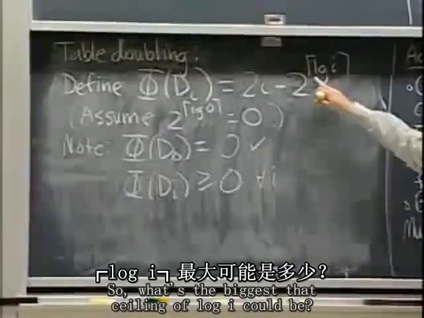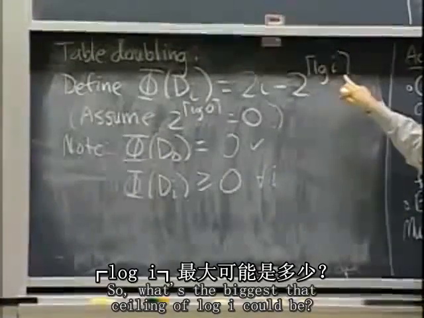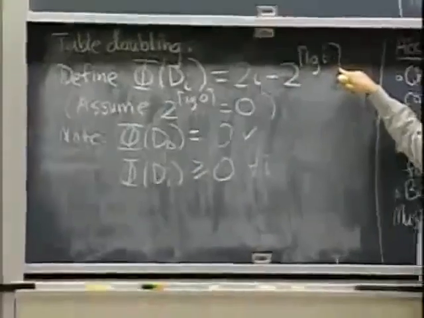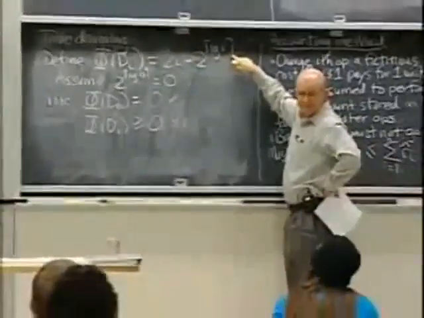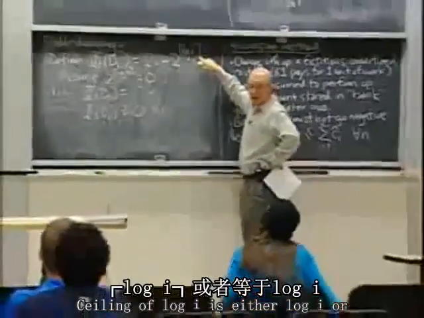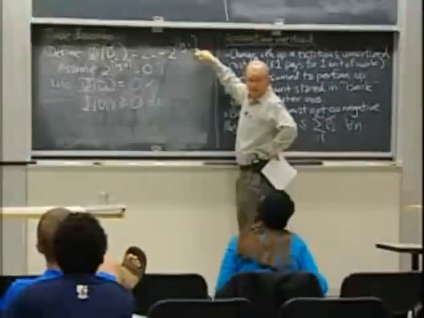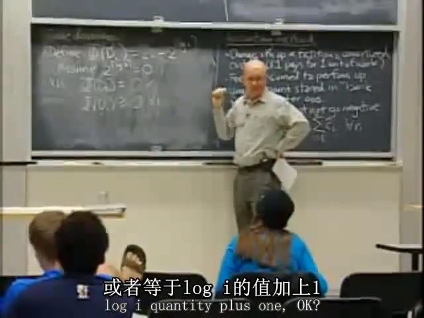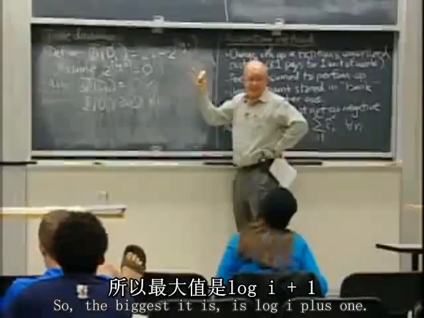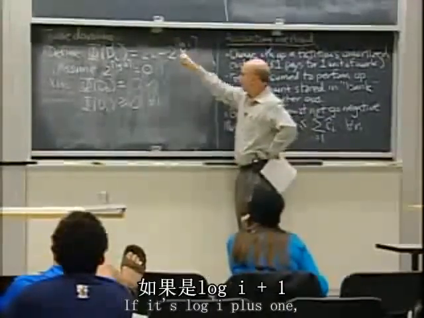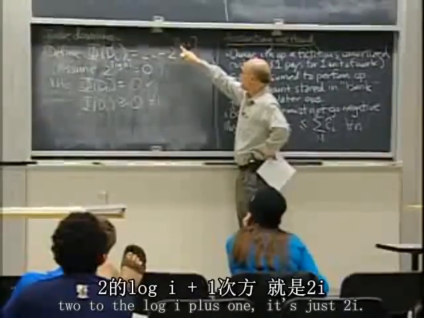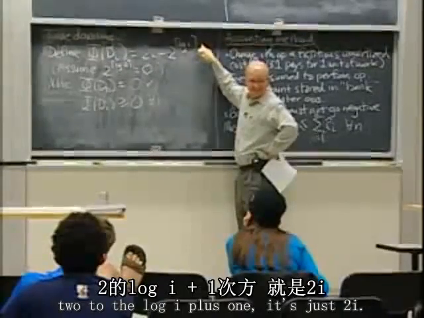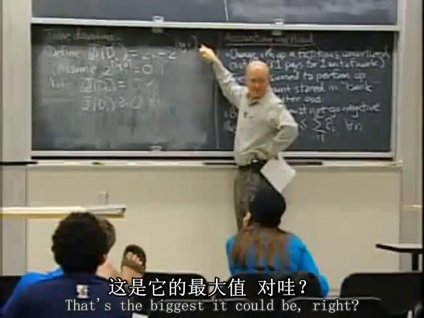So what's the biggest that ceiling of log i could be? Ceiling of log i is either log i or log i plus 1. Okay? So the biggest it is log i plus 1. If it's log i plus 1, 2 to the log i plus 1 is just 2i. That's the biggest it could be. Right?